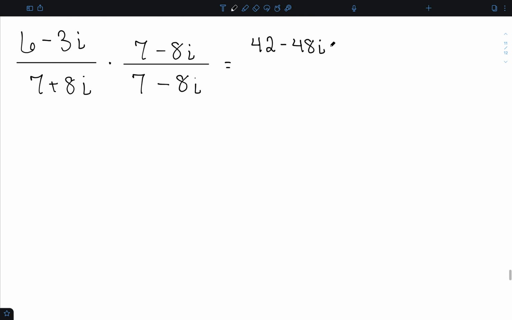Negative 3i times 7 is minus 21i. And then negative 3i times negative 8i would be positive 24i squared. On the denominator, since they're conjugates, we have 7 squared plus 8 squared, or 49 plus 64.